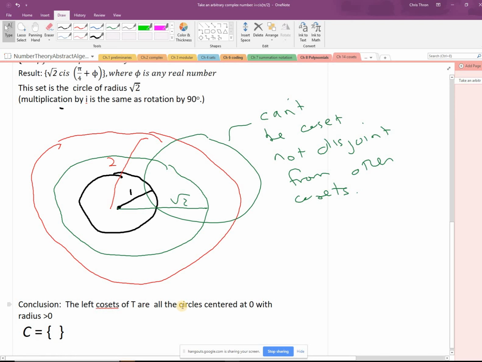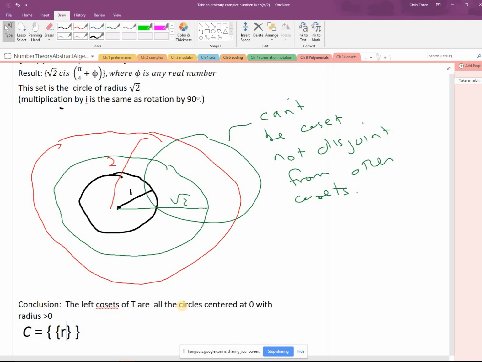So each circle has a radius, right? All right. You could say that. Yes, you could say, but it's a set, right?